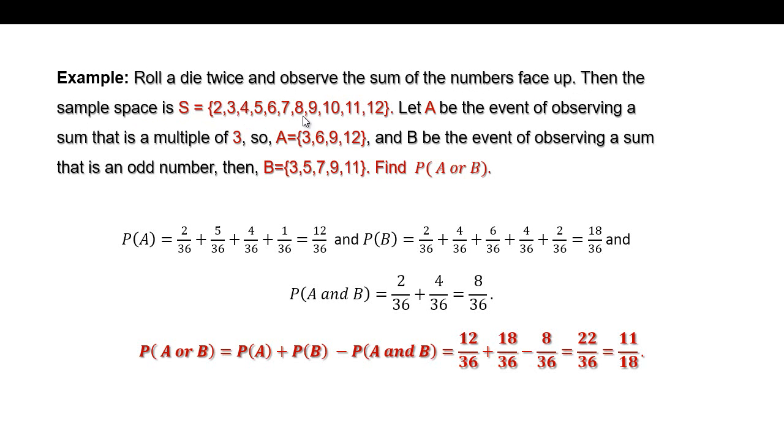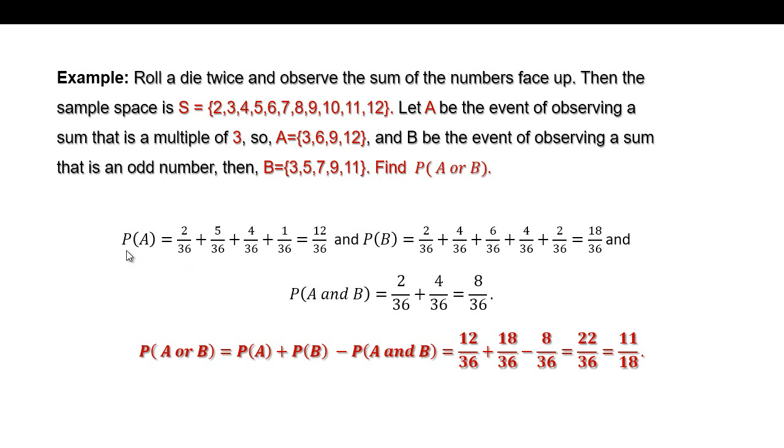A is the event of observing a sum that is a multiple of 3, so A is 3, 6, 9, and 12. B is the event of observing a sum that is an odd number, so B is 3, 5, 7, 9, 11. I want to know the probability of A or B.